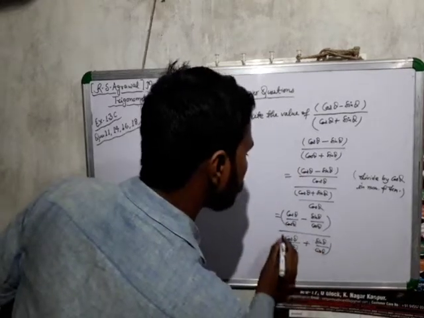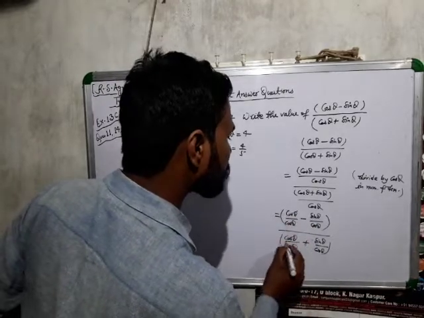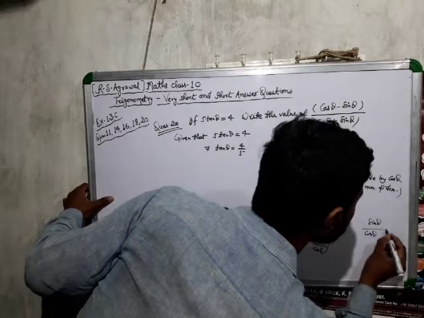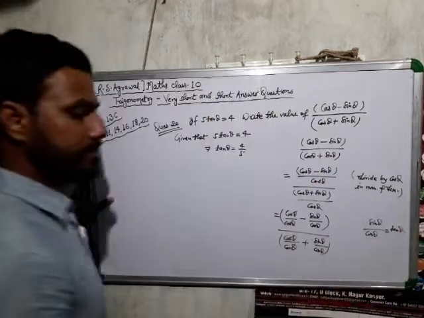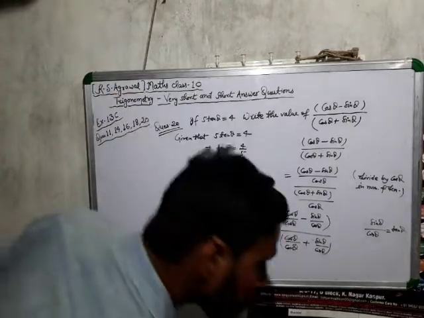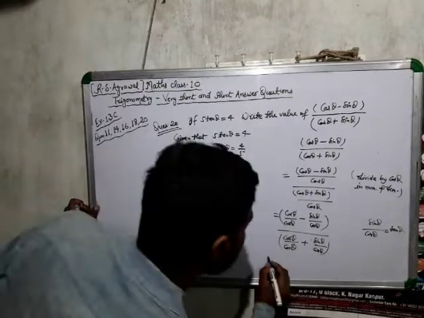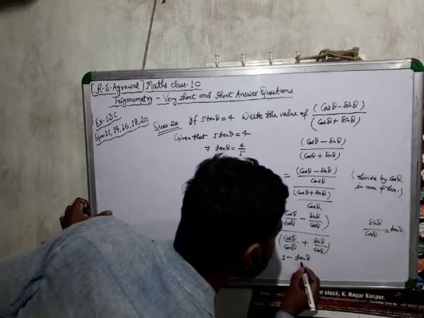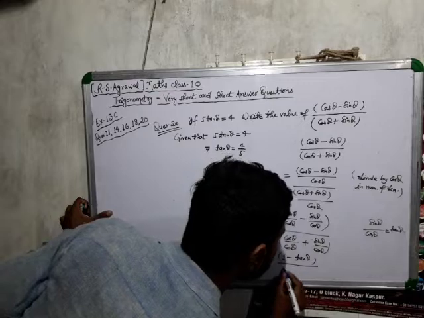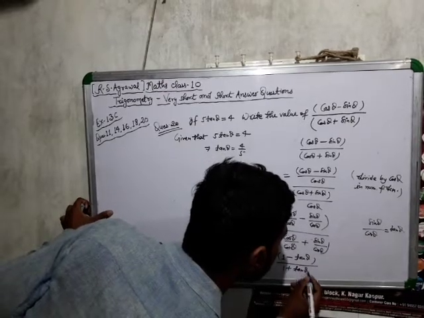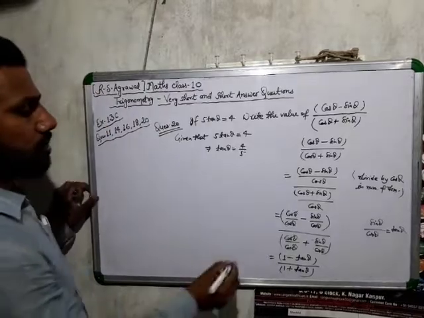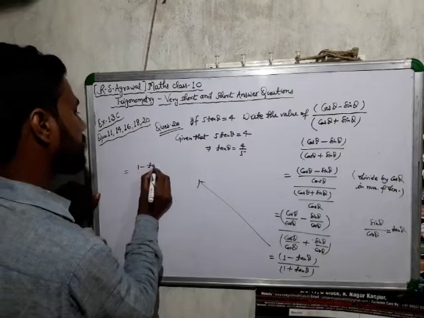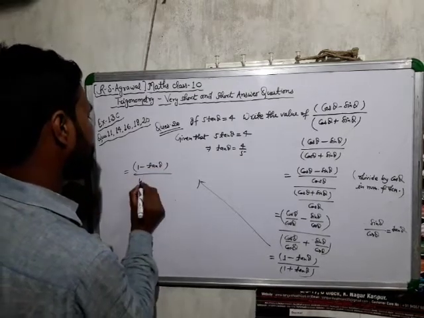The cos terms cancel, and we know that sin theta by cos theta is equal to tan theta. This implies this is equal to 1 minus tan theta divided by 1 plus tan theta.